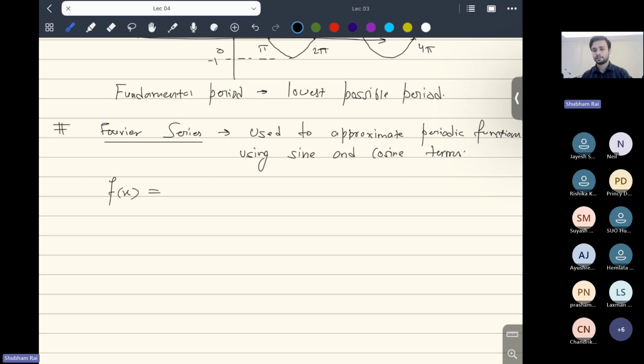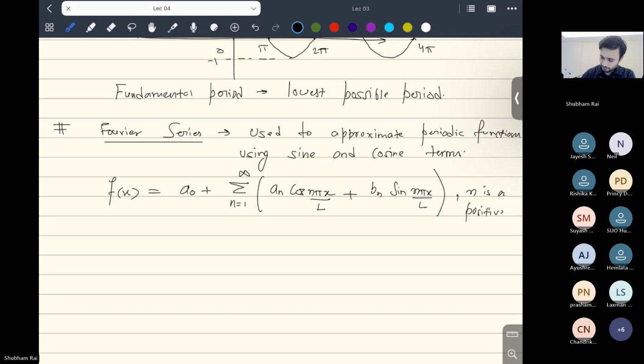If you have any periodic function f of x, you can express that function in the form of a0 plus summation n is equal to 1 to infinity an cos n pi x by l plus bn sin n pi x by l, where n is a positive integer, right?